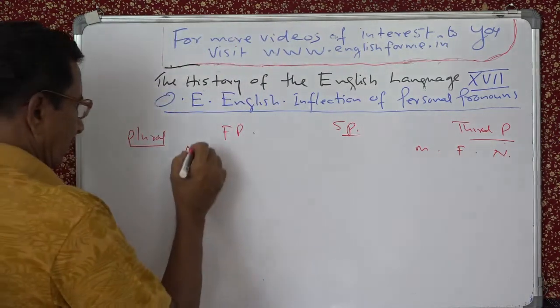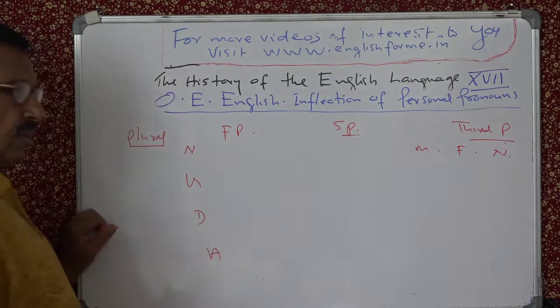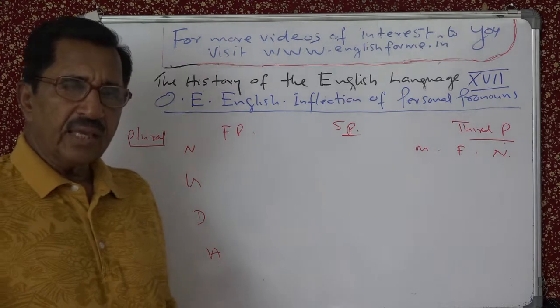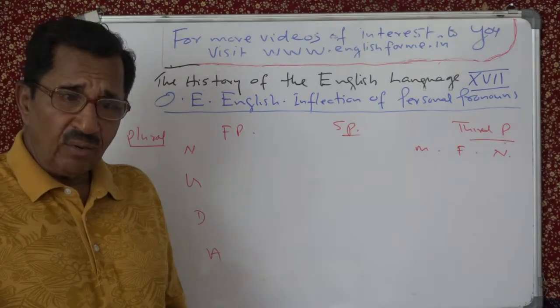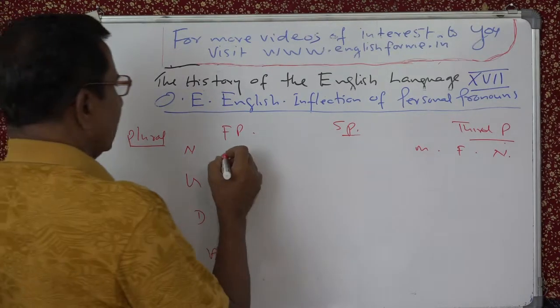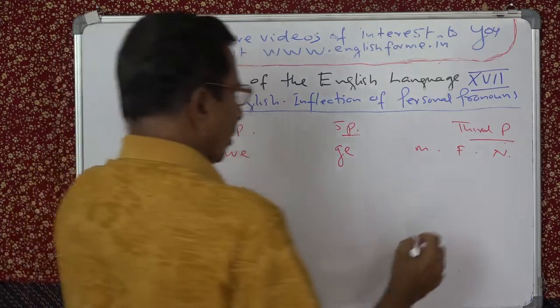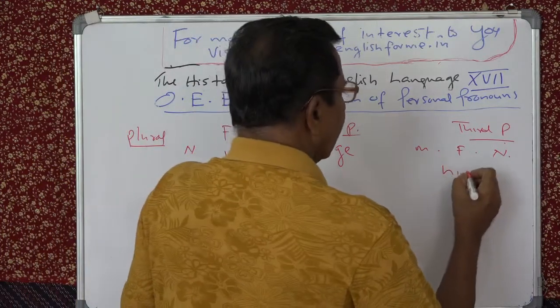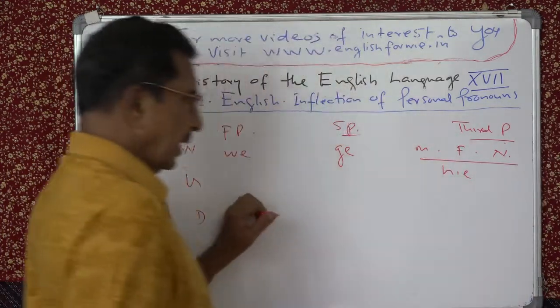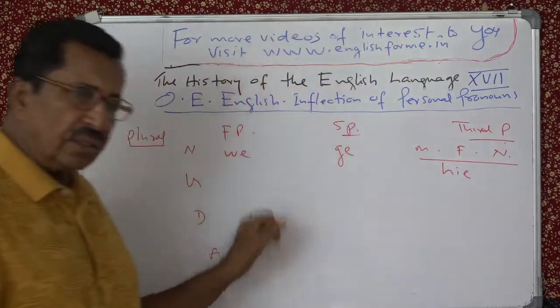Nominative, genitive, dative, accusative. So you have we, ge, and hie for all the 3 persons. He for all the 3 persons.